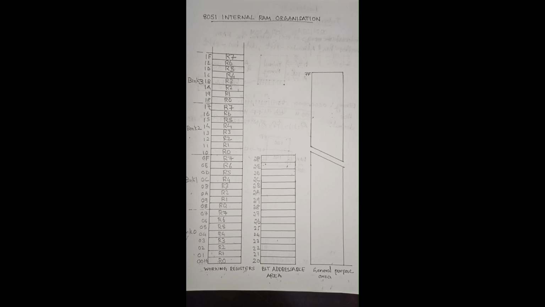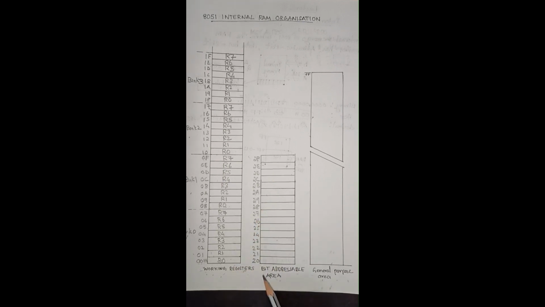Individual address is not provided in this area, but this area is different because here individual addresses are also provided. That is, this house has an address 20H. Likewise, all 16 houses have an address.